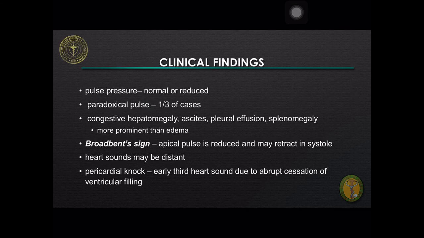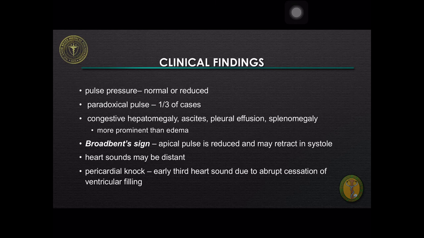The pulse pressure is normal or reduced. Paradoxical pulse is seen in 1/3 of the cases. Congestive hepatomegaly, ascites, pleural effusion, splenomegaly are usually seen and more prominent than edema.